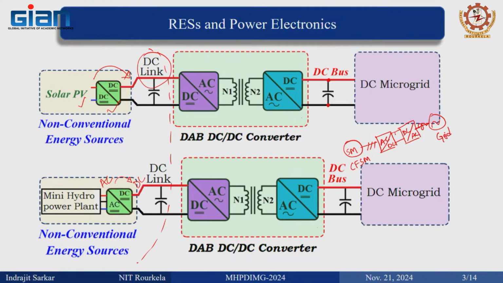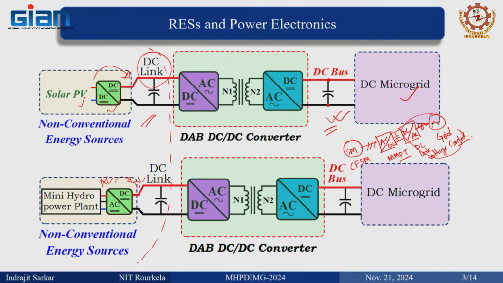Here I told you that this converter will be doing MPPT and this converter will do DC link voltage control. Now, instead of the grid, what we have is a microgrid, where the voltage is DC voltage, and this voltage is substantially low compared to the voltage for the mini hydropower plant.